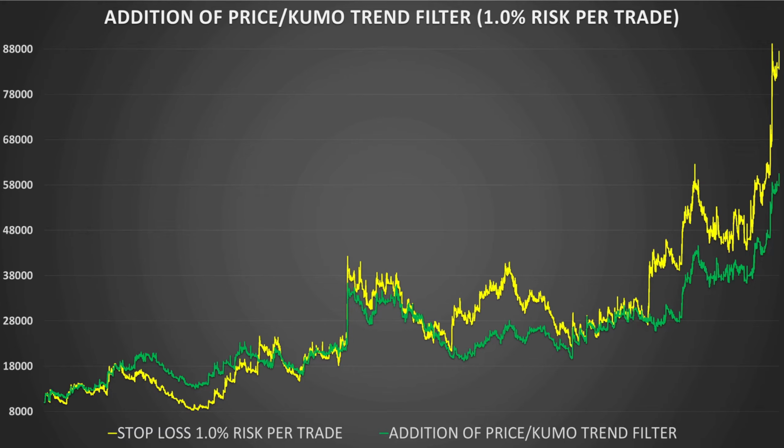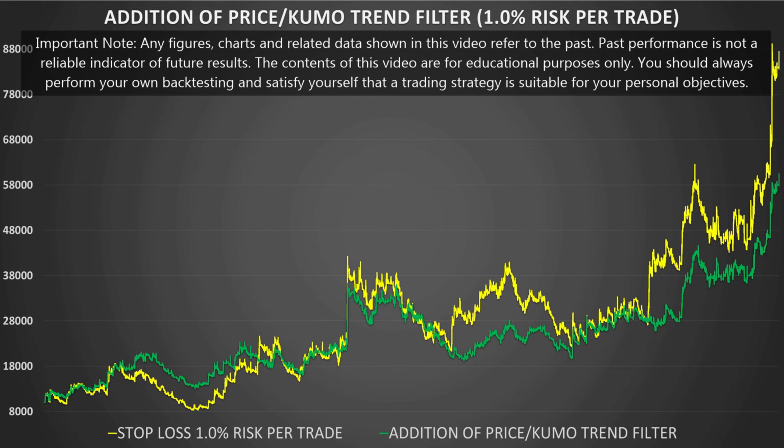Firstly, the yellow equity curve here obviously ends up with a higher level of equity, but that doesn't necessarily mean that that strategy is better, because we also have to consider the downside risk aspects as well. And if we take a look at some of the drawdowns here, we can see that they are significantly smaller for the green curve.